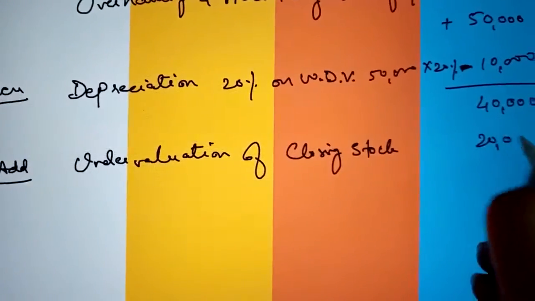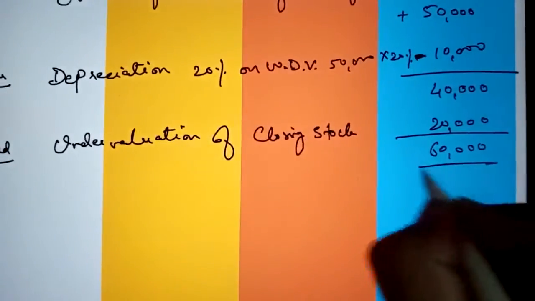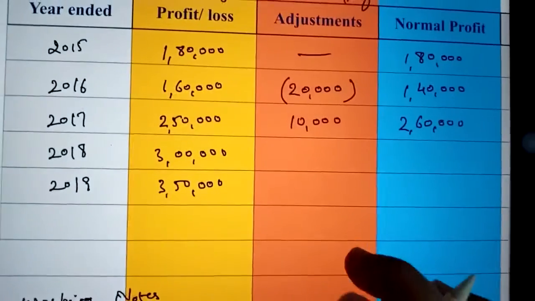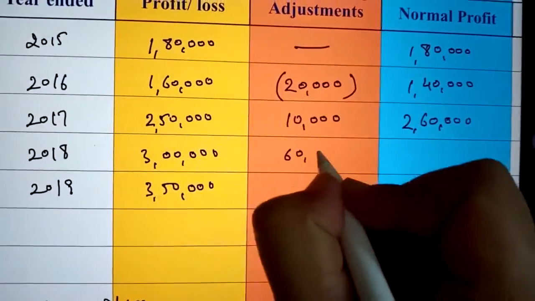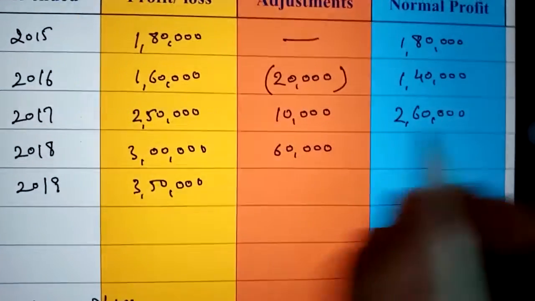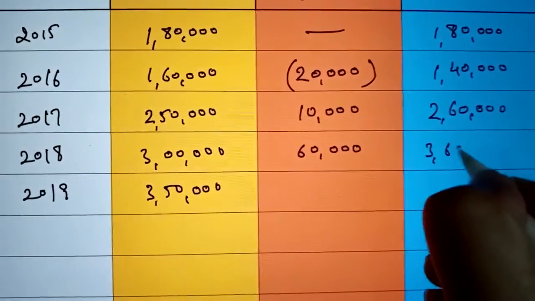It should be added back. So here the total adjustments which we have to make is for rupees 60,000. So here we will write rupees 60,000 we have to add, and the normal profit comes 3 lakh plus 60,000, 3,60,000.